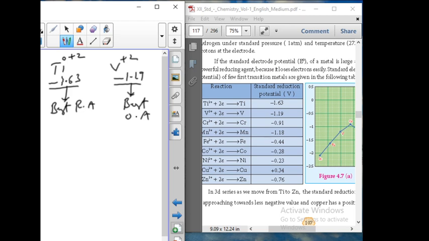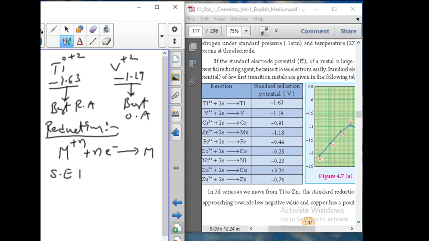Reduction potential, the name itself says reduction first. Reduction means gain of electrons. So I take a metal ion, it gains n number of electrons and gives the metal. This standard electrode potential can be represented as E naught, where E is the EMF of the cell, standard value.